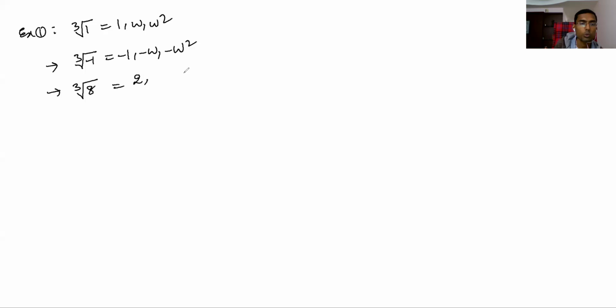Its modulus is 2, and the roots become 2, 2 omega, 2 omega square. Understand that. Cube roots of minus 8 are what? Minus 2, minus 2 omega, minus 2 omega square. Yesterday we did this kind of question.